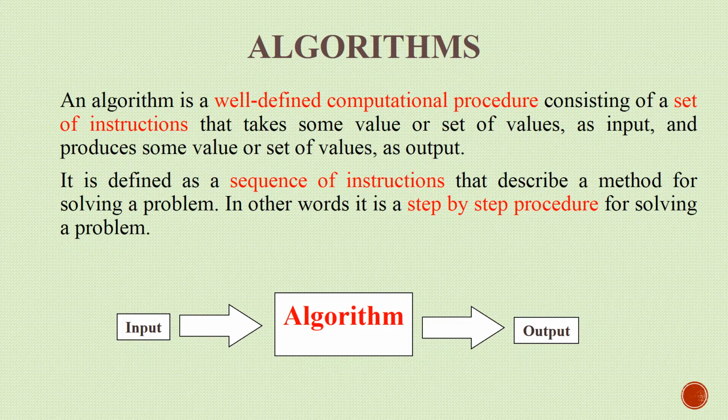Definitely, it is nothing but a step-by-step procedure for solving any given problem. So an algorithm takes an input, gives an output. So let's see how an algorithm is able to produce an output by taking an input.